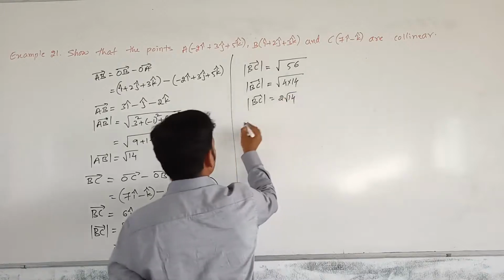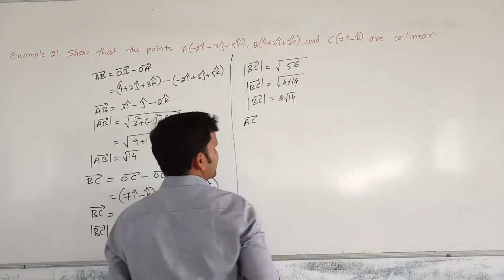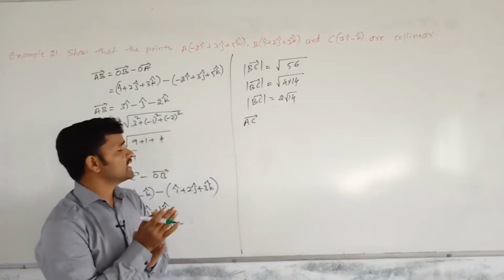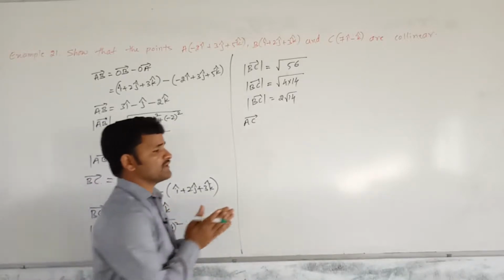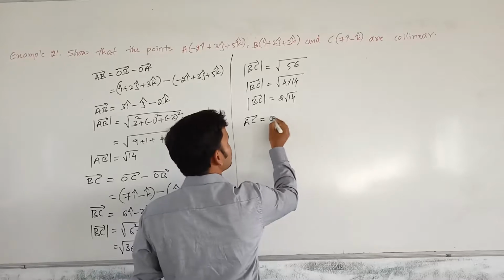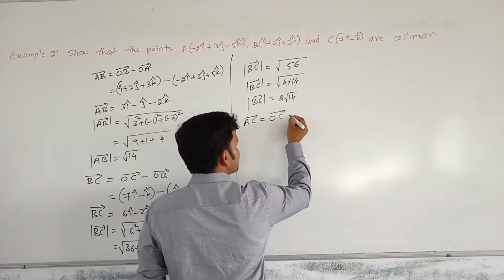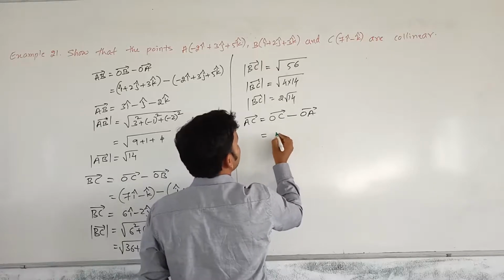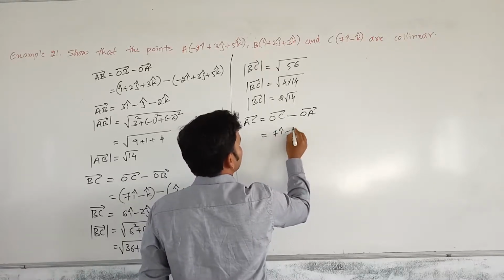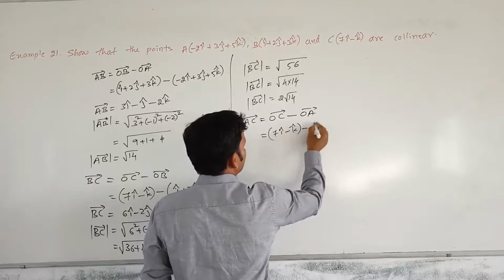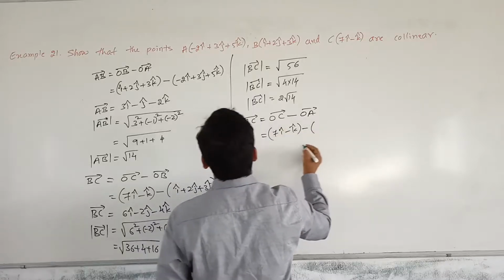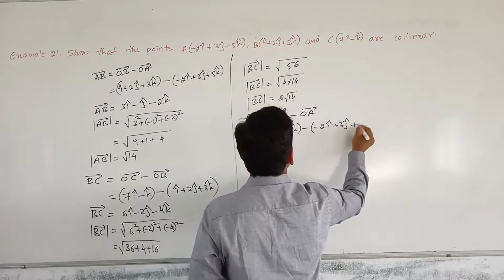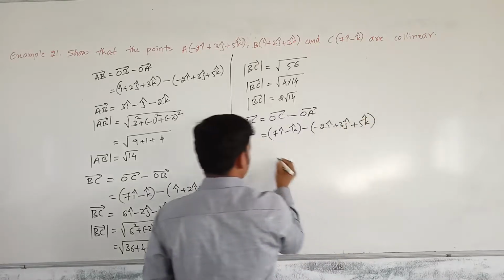Next, let us find the length of side AC. Let us find vector AC first. AC is equal to the position vector of point C minus the position vector of point A, OC minus OA. OC is 7i minus k, minus OA, which is minus 2i plus 3j plus 5k.